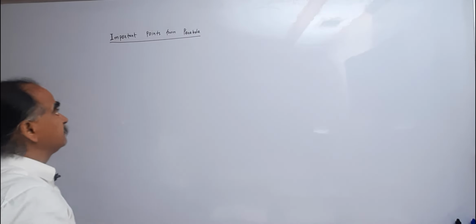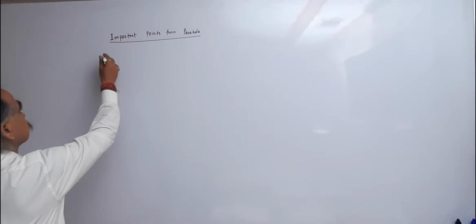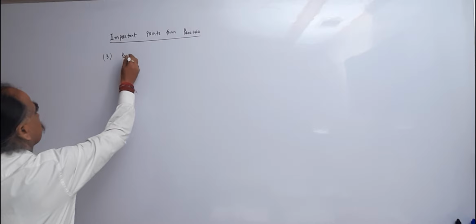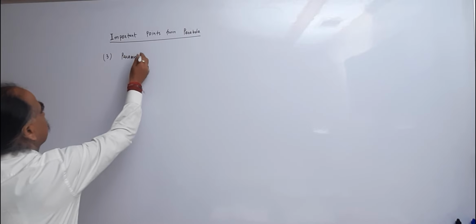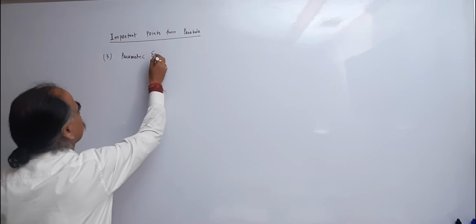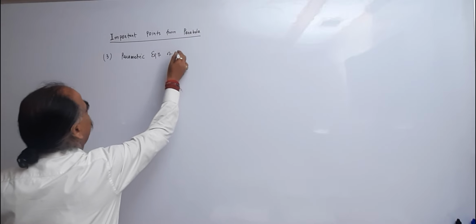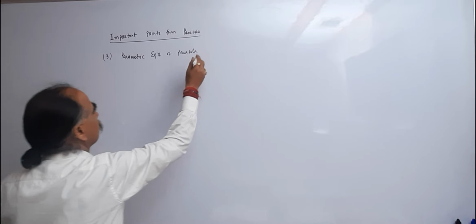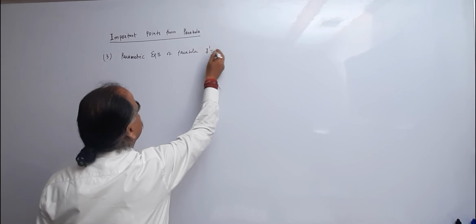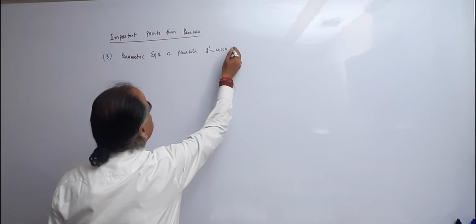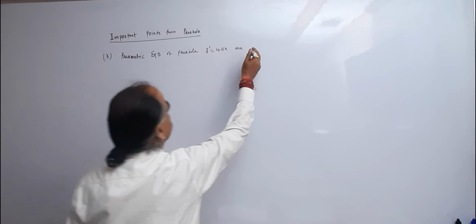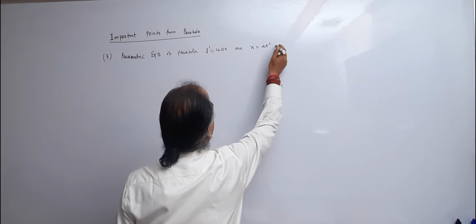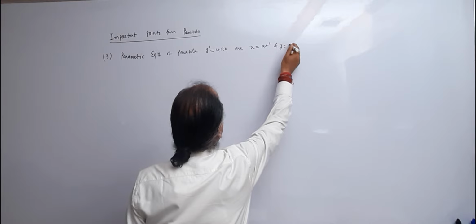See, next point is parametric equation of parabola y square is equal to 4ax, or x is equal to at square and y is equal to 2at.